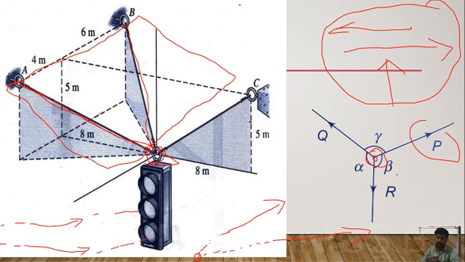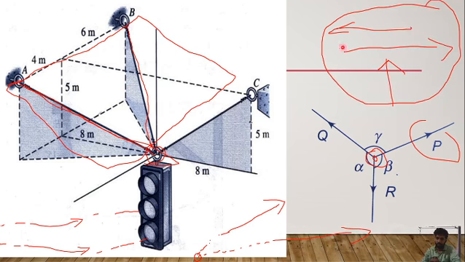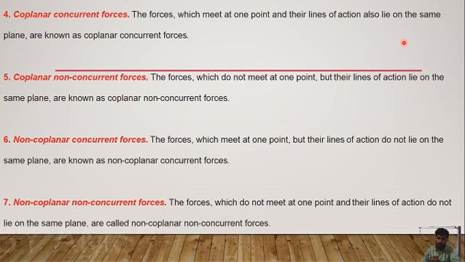This is what I drew here, the above example. All three forces are on the same plane, but they do not have a common intersecting point. That is coplanar non-concurrent force.